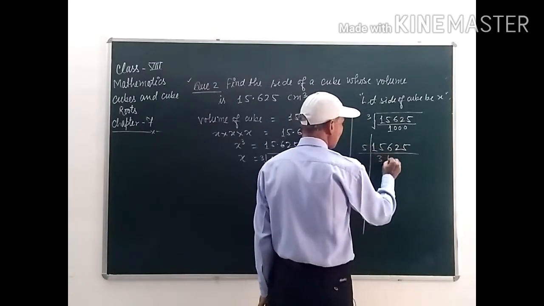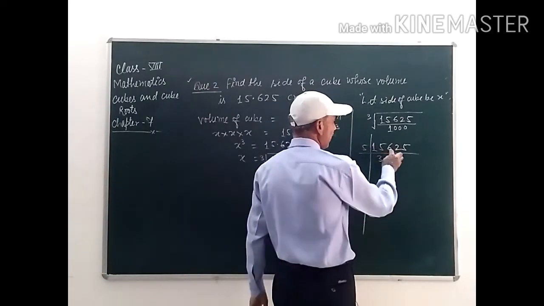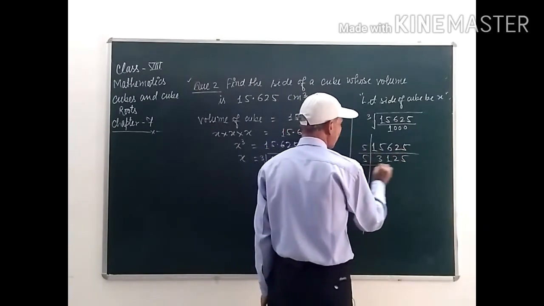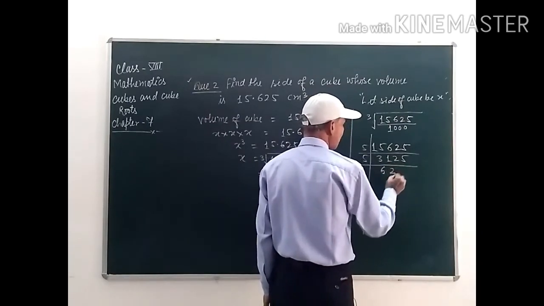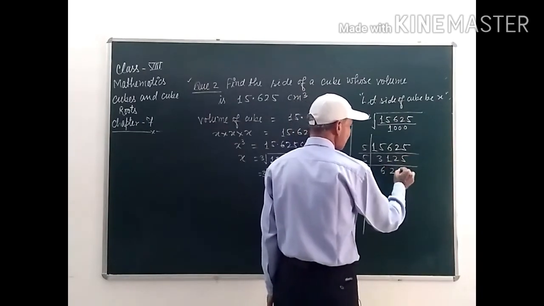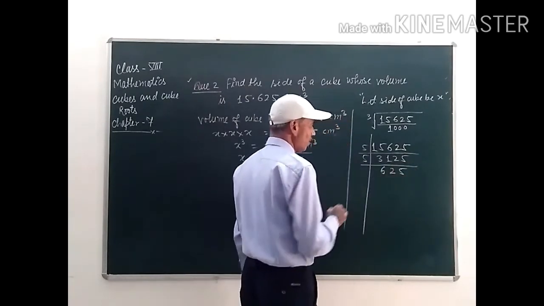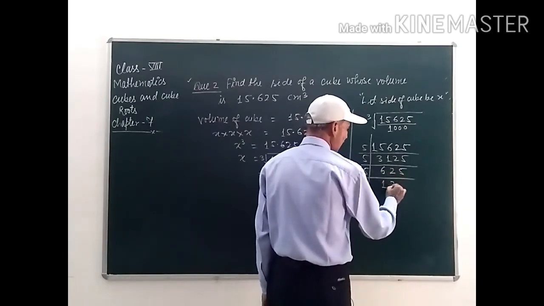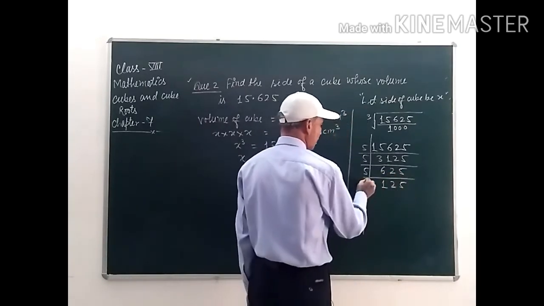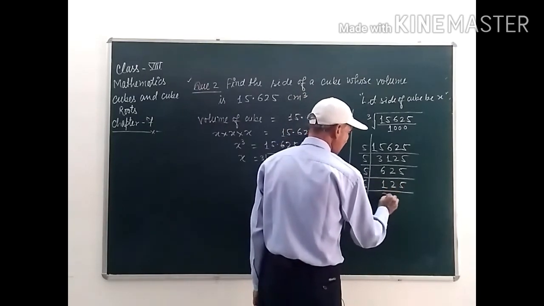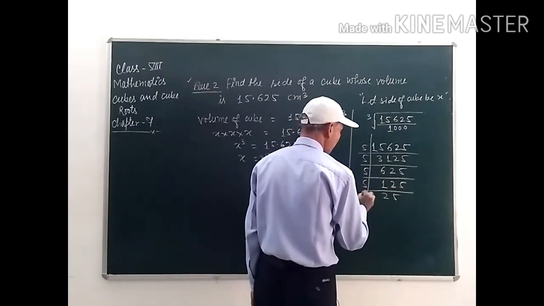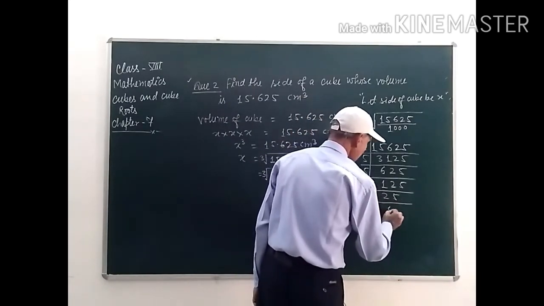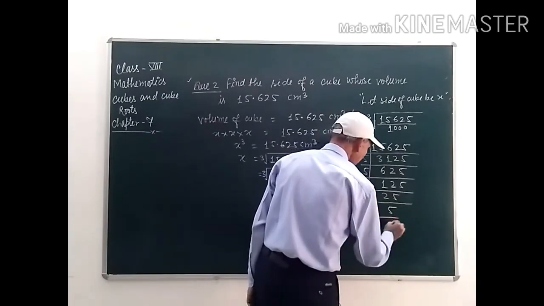5 threes are 15, 5 ones are 5, and 5 twos are 10, and 5 fives are 25, again by 5. 5 sixes are 30, 5 twos are 10, and this one 25, 5 fives are 25, again by 5, and finally we get 1.